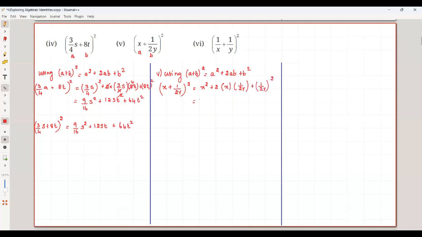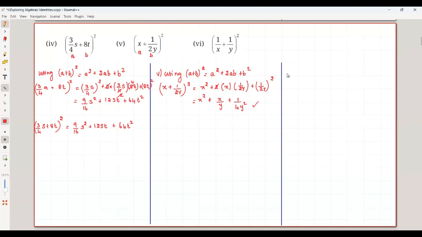Now this is equal to x square plus, now we can cancel the 2. So x into 1 is x by y, plus 1 square is 1 divided by 2 square is 4, y square is y square. Now the answer is x square plus x by y plus 1 by 4y square. Now this is the final answer.